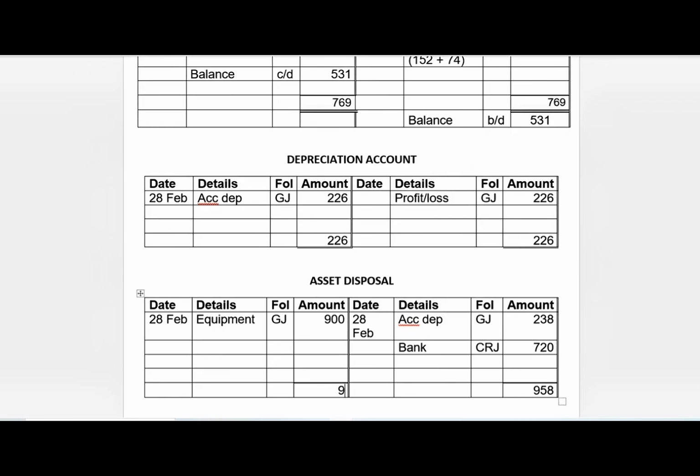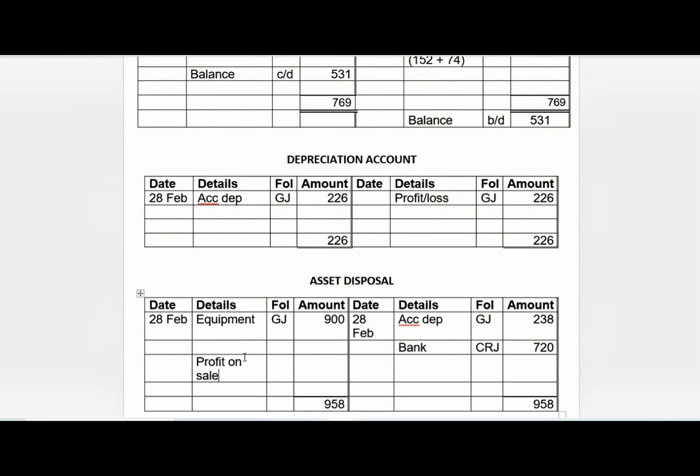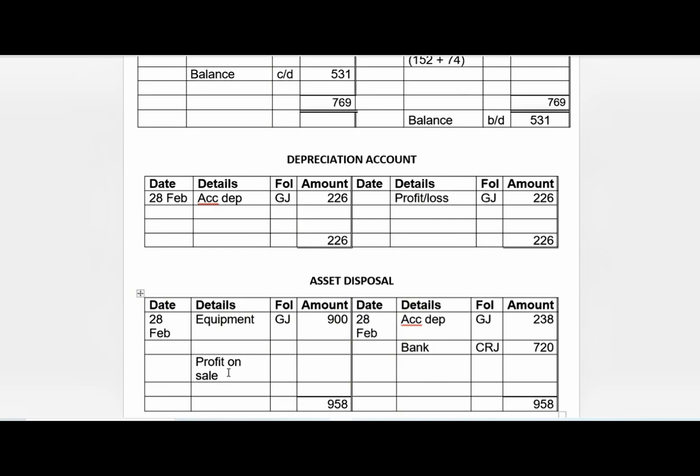And even this side is going to be 958. Now remember, if the credit side is bigger than the debit side, we have a profit on sale. Profit on sales.